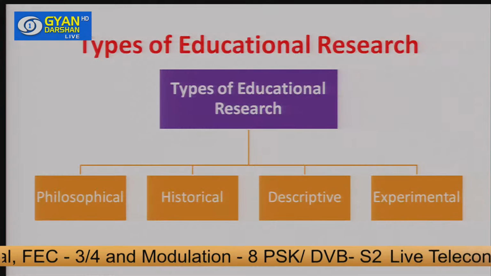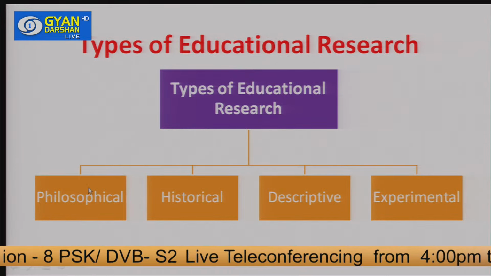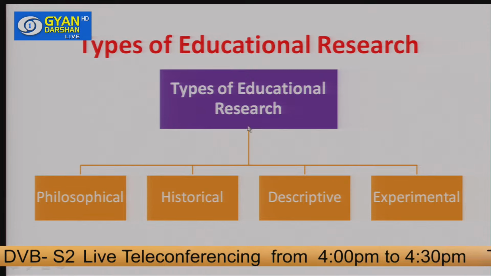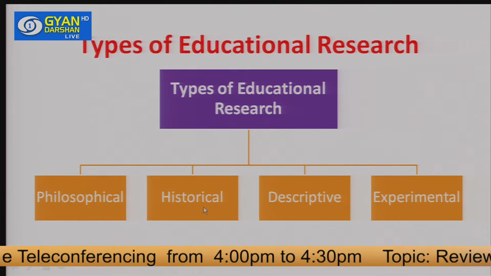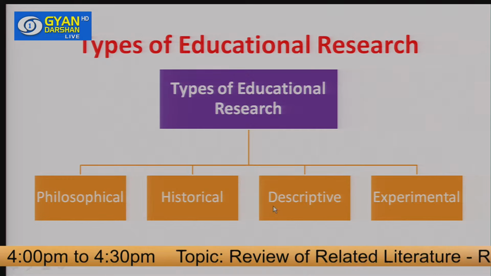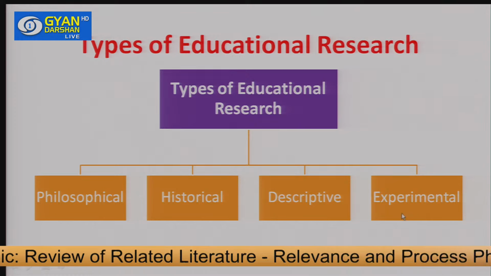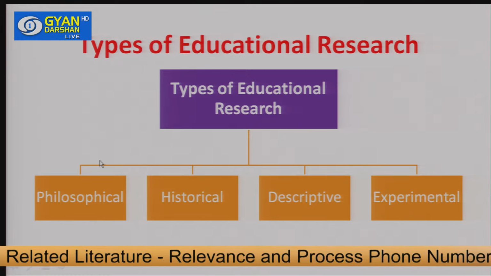I have already explained the different methods you are supposed to use in your research work, in your dissertation work. Mostly 4 types of methods we use: the philosophical method or philosophical research, then the historical method or historical research, then the descriptive method or descriptive research, and the 4th one is the experimental method or experimental research.